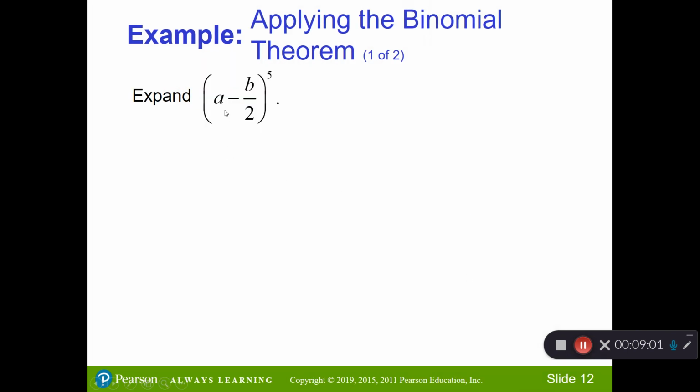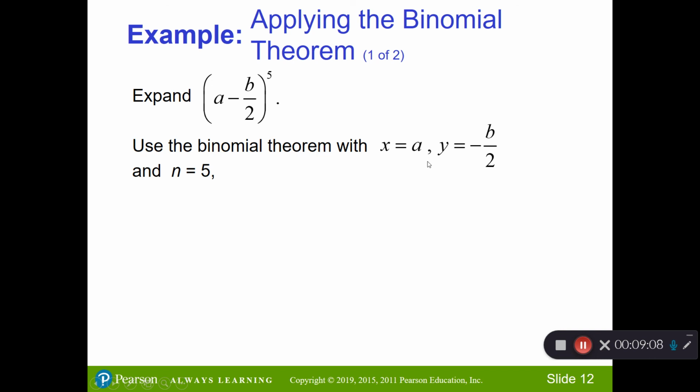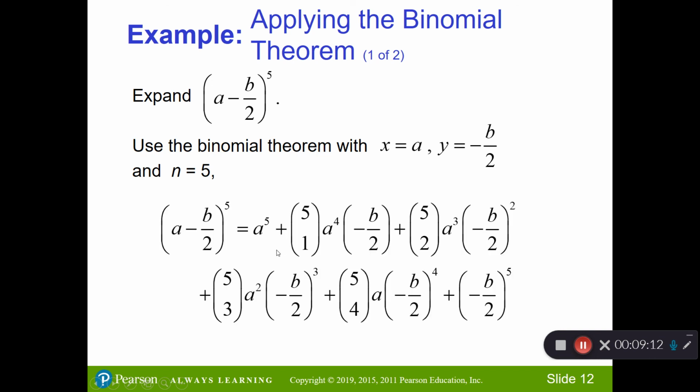Let's expand a minus b over 2 to the 5th. Notice there's a minus here instead of a plus. So my y term is going to be a negative b over 2. So this is a to the 5th plus 5 choose 1, a to the 4th, negative b over 2 to the 1st. 5 choose 2, bring down the a exponent by 1, increase the negative b over 2 exponent by 1.